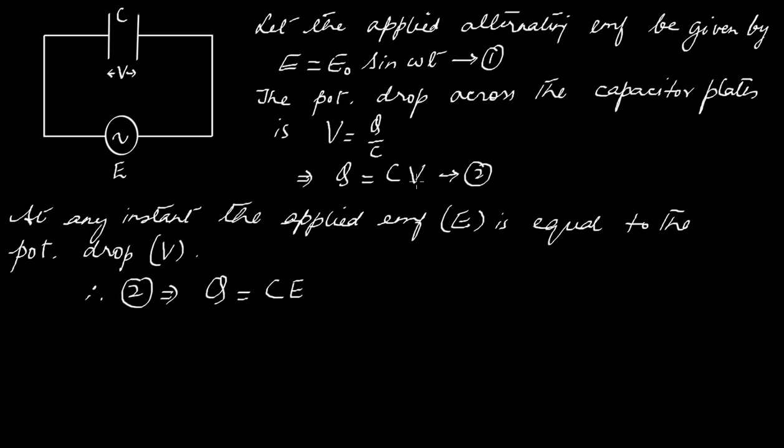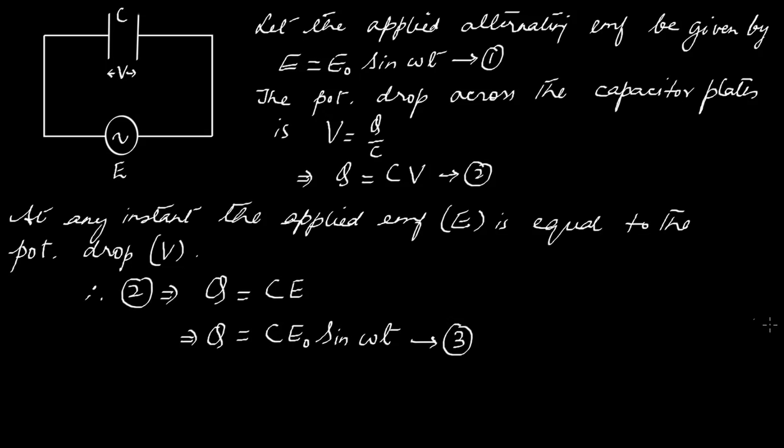We are replacing V with E. Now we're replacing E with this equation. You have C E naught sine omega t. Understand? Let's call this equation 3.